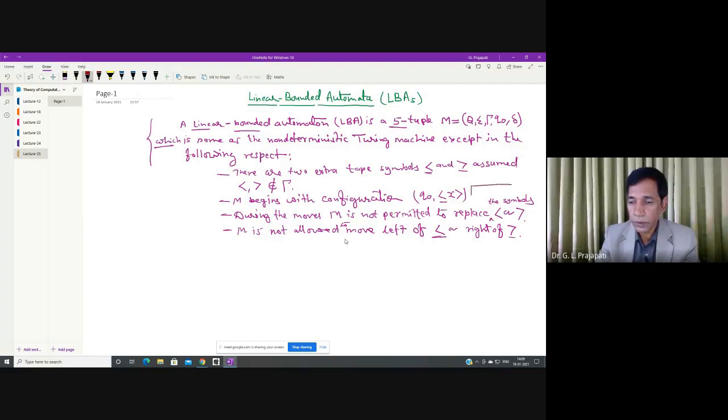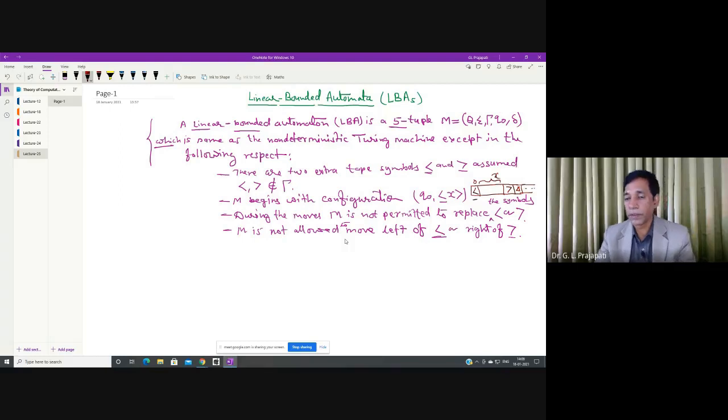So your LBA starts with this configuration. You have the symbol at square 0, and your tape head is scanning this symbol. Immediately after square 0 we have the input x, and as soon as your input is exhausted we have the symbol right angular bracket, and everything after is blank.